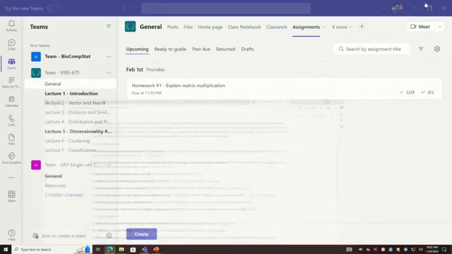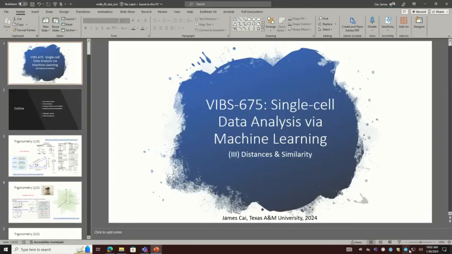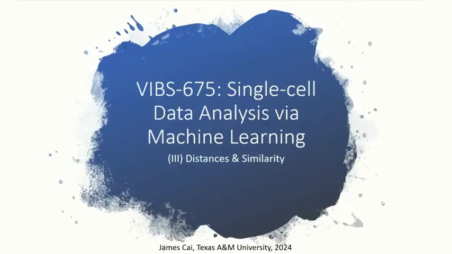So this week, it is already week 3. We are going to discuss distance, the different kinds of distance you can use to measure the similarity or dissimilarity between data points.